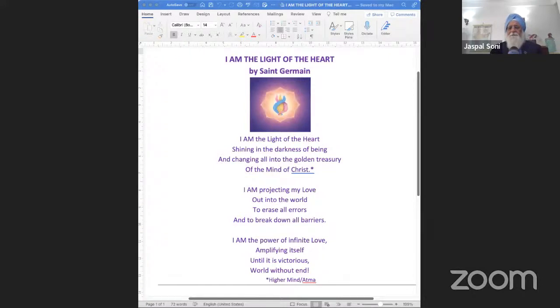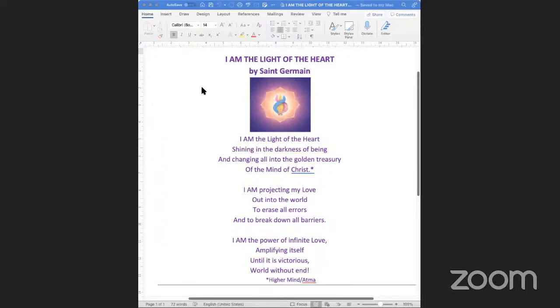Heart meditation. Go within and bring your attention to your heart, placing your hand over your heart to draw your awareness there.